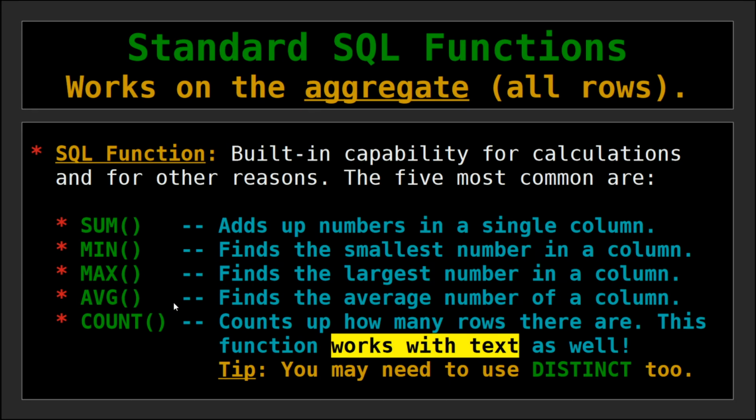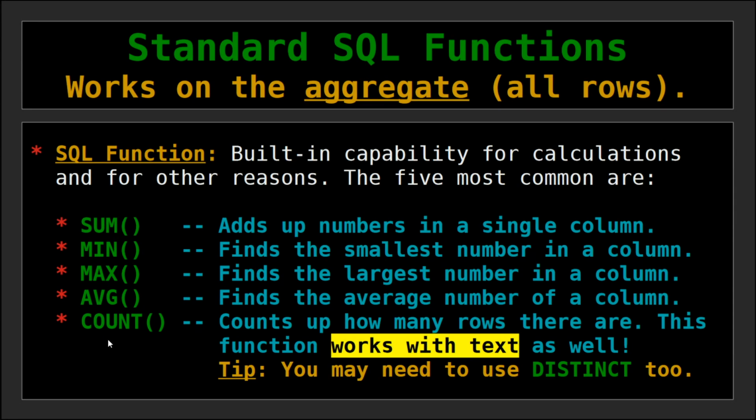This is talking about the mean, where you add up all the values and then divide by however many values there were. That's the standard version of average.